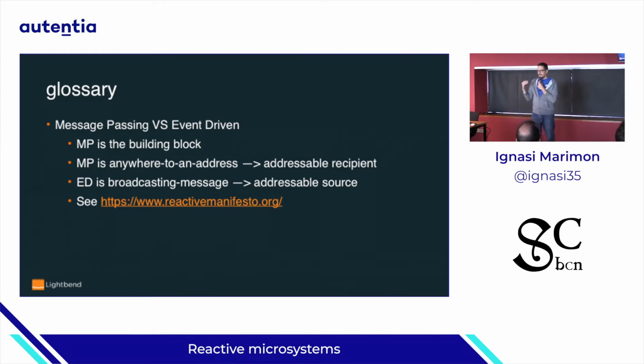The main difference is that when you're sending a message, you know where you want it to go. When you're emitting an event, you can only know where it comes from, right? So when we talk about events, we talk about addressable sources. When we talk about messages, we talk about addressable recipients, okay?